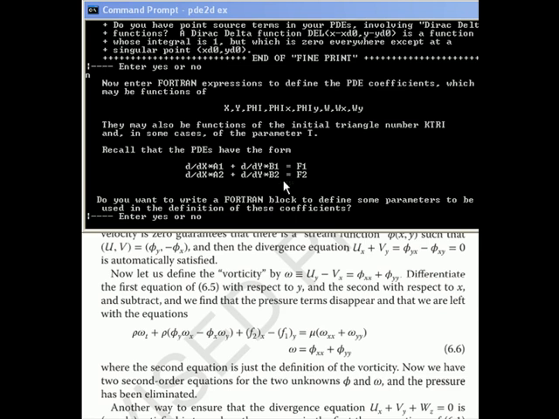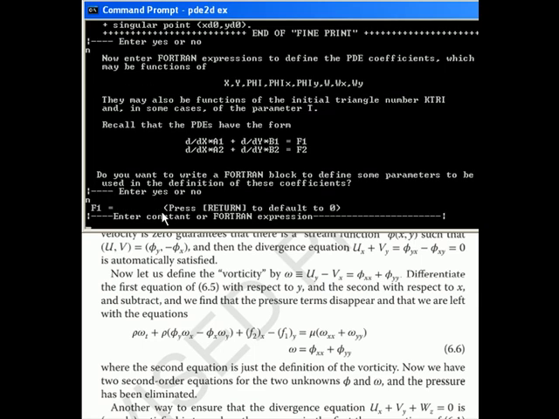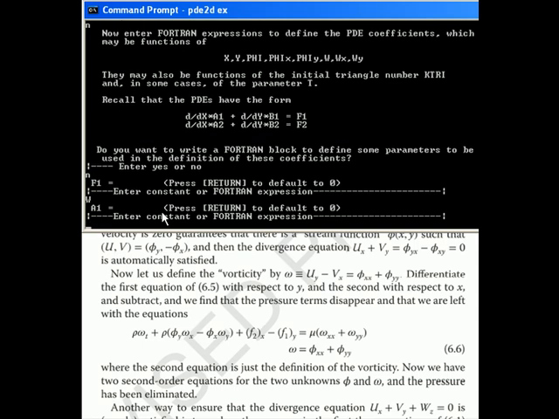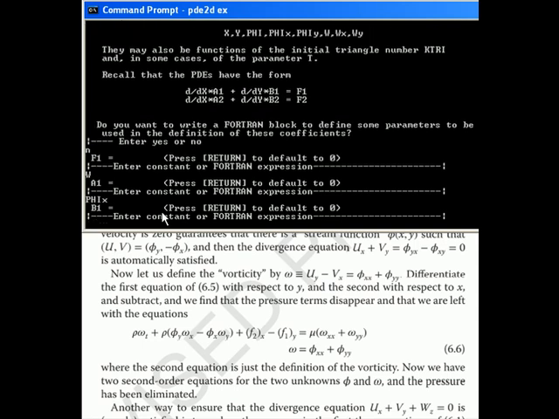So now I want to solve these two differential equations. I'm going to list this as my first equation: derivative with respect to x of phi x plus derivative with respect to y of phi y equals omega, or I'm calling it W. So F1 will just be W, A1 is phi x, B1 is phi y.